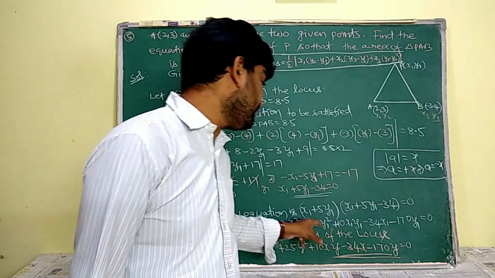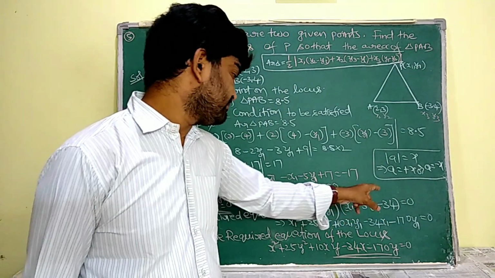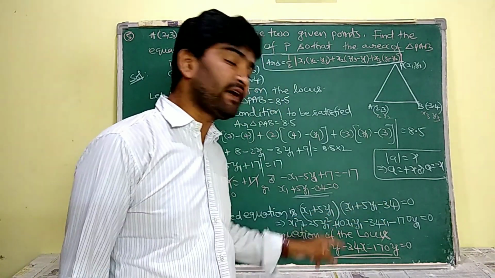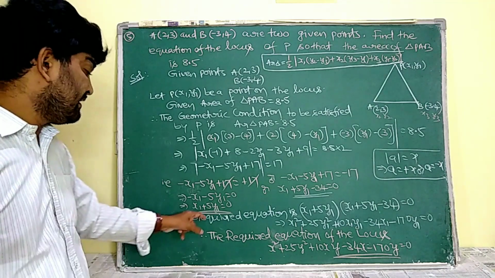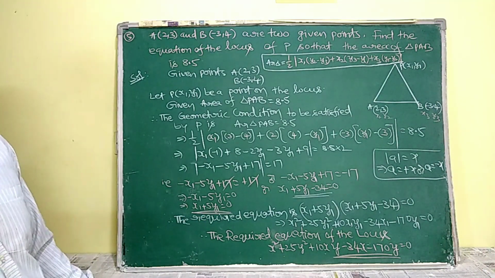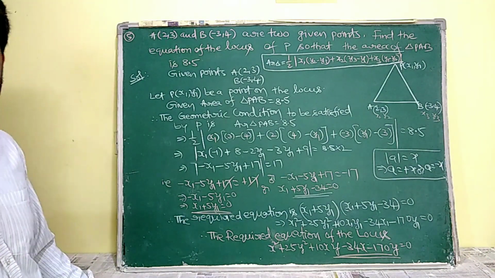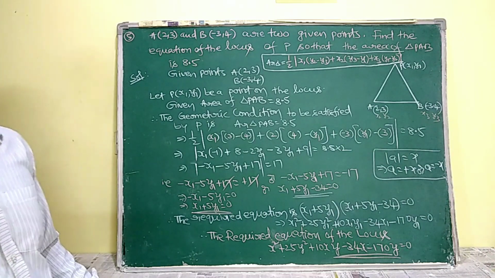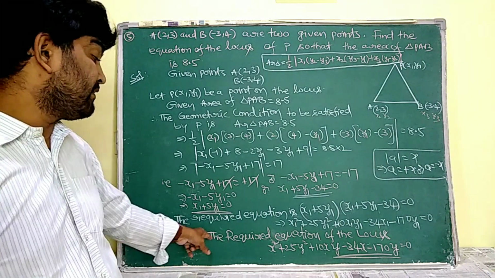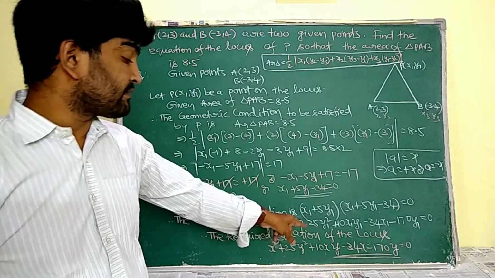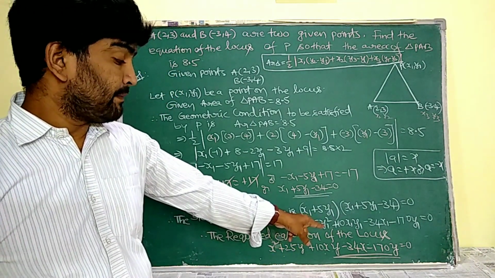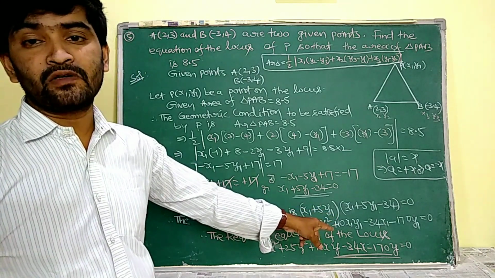Next, minus 34x1 and minus 34 into 5, minus 170y1. So that's the required equation. We know that to find the required equation of the locus, we have to replace x1, y1 with x, y. Therefore, the required equation of the locus is x square plus 25y square plus 10xy minus 34x minus 170y is equal to 0.